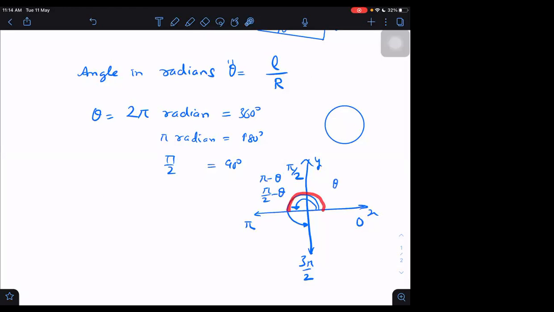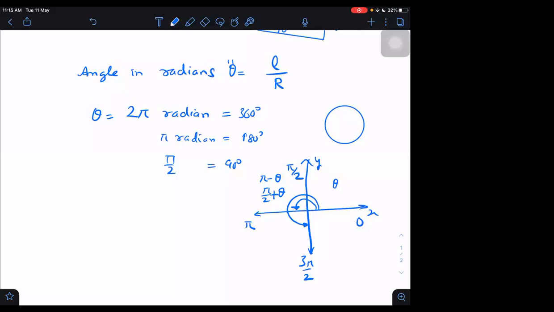Up to this it is total pi, but if I take somewhat less than pi, then it is regarded as pi minus theta. But I can also think that I am somewhat more than pi by 2, so the angles within the second quadrant can be represented by pi by 2 plus theta, more than pi by 2.